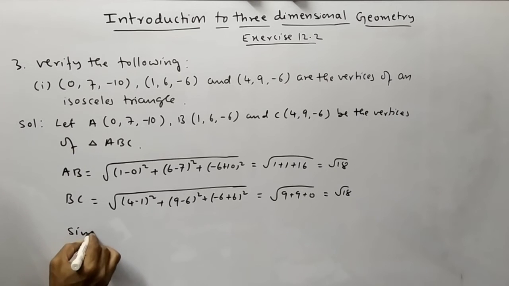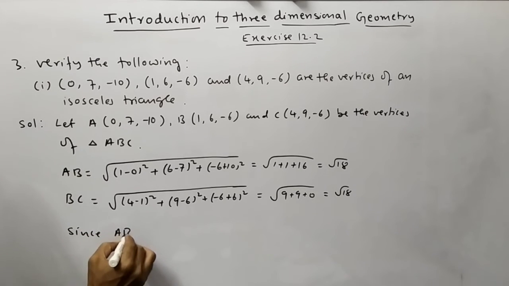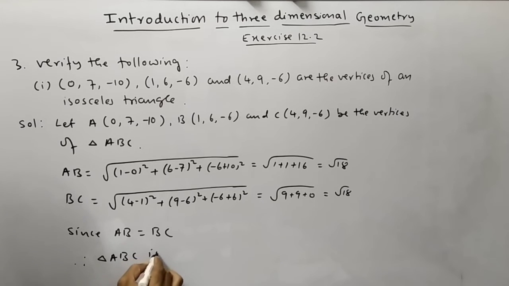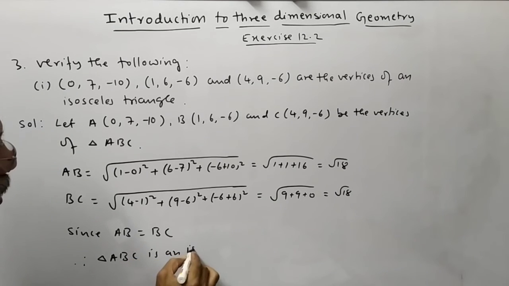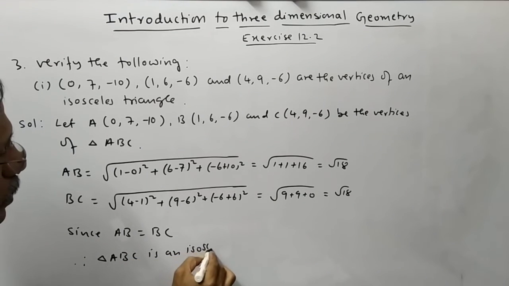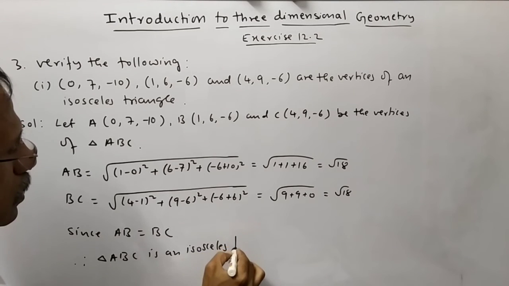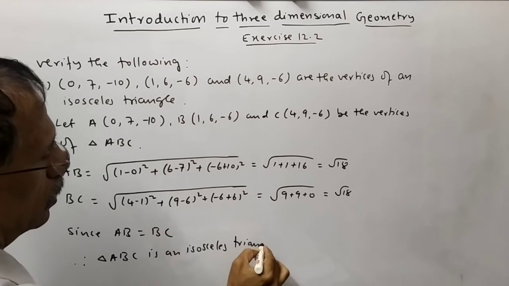Since AB is equal to BC, therefore triangle ABC is an isosceles triangle.